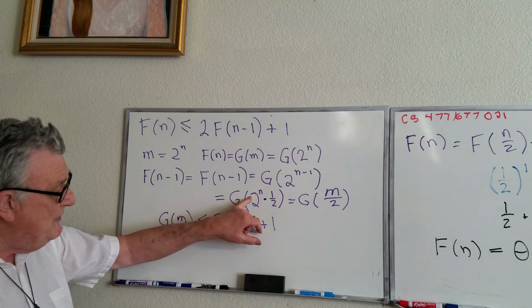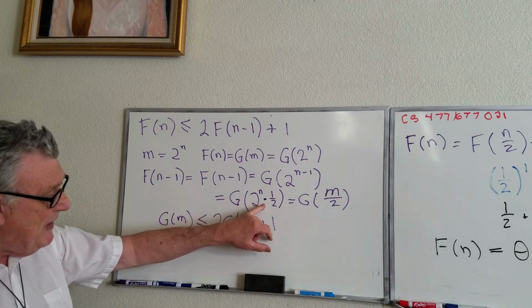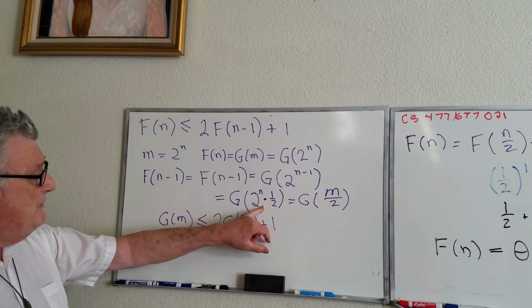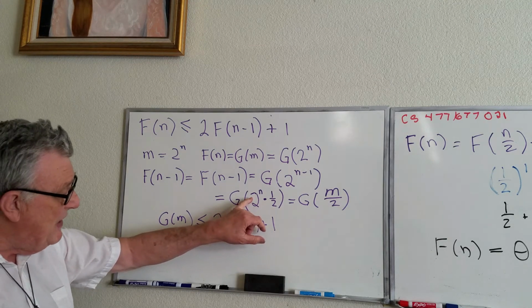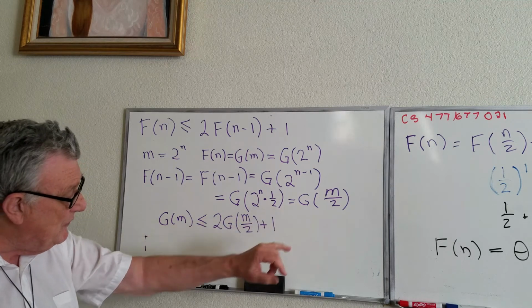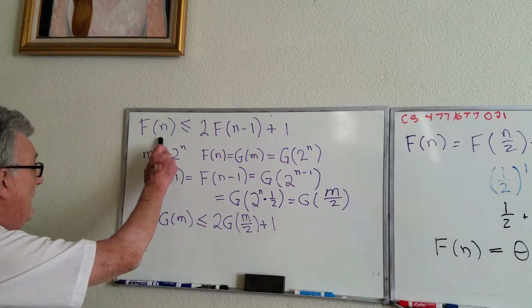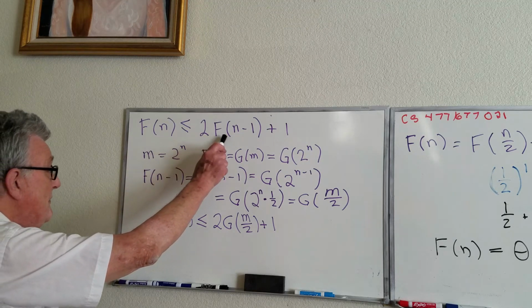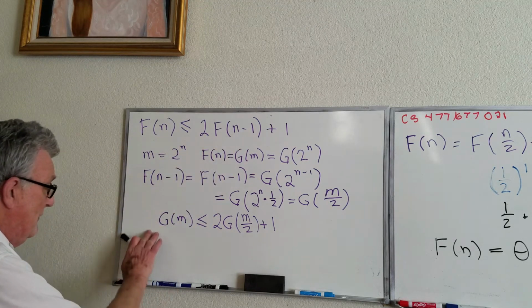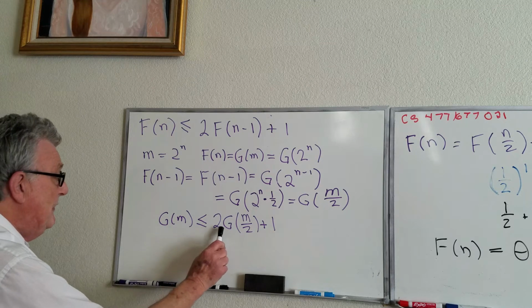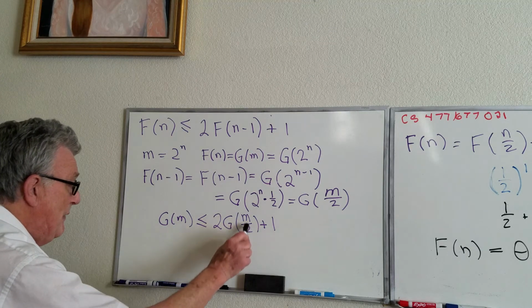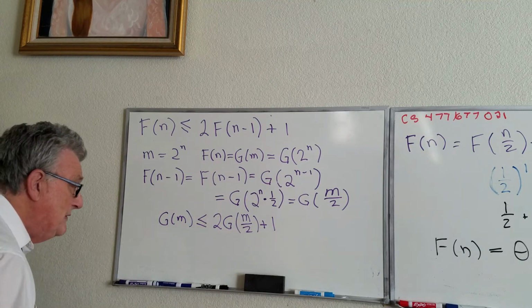So that means that this is g of 2 to the n times 1/2. And g of 2 to the n is in fact equal to m, so this is g of m over 2. Now translating up here, f of n is 2 times f of n minus 1, so we could write g of m is less than or equal to 2 times g of m over 2 plus 1.